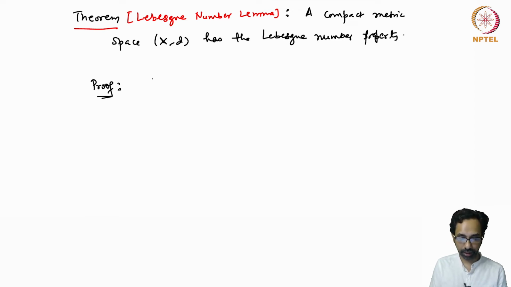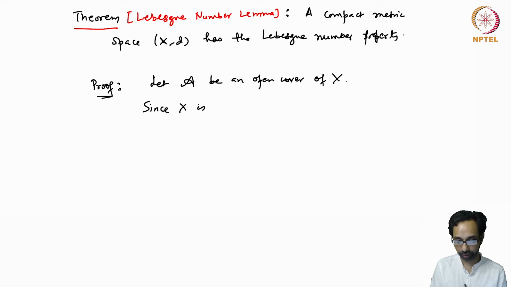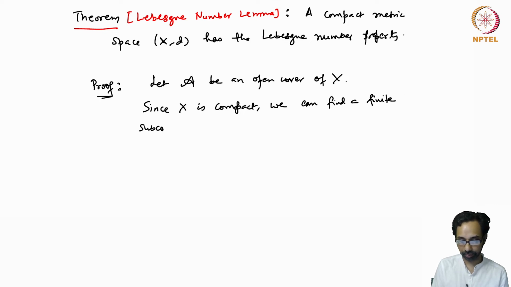So let us take an open cover A of X, and since X is compact, we can find a finite subcover.